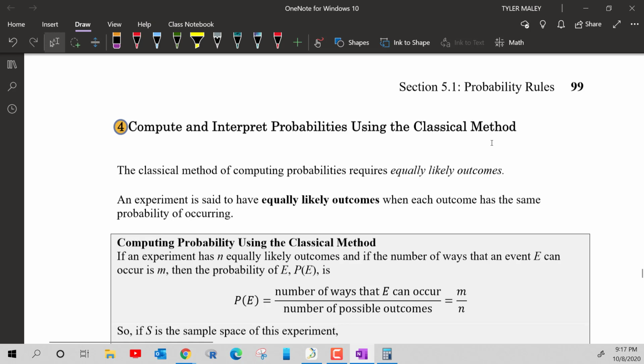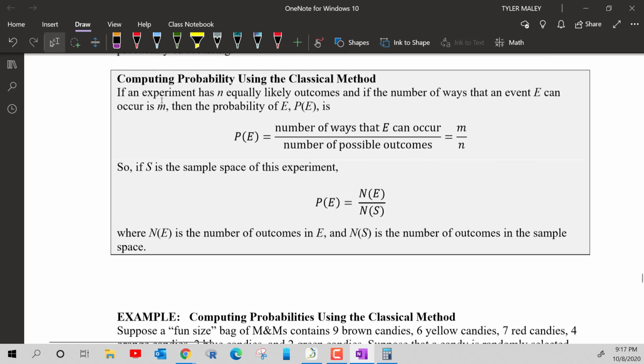So here's a table for computing probability using the classical method. If an experiment has n equally likely outcomes, and if the number of ways that an event E can occur is m, then the probability of E, written P of E, equals the number of ways that E can occur divided by the number of possible outcomes, or m over n.